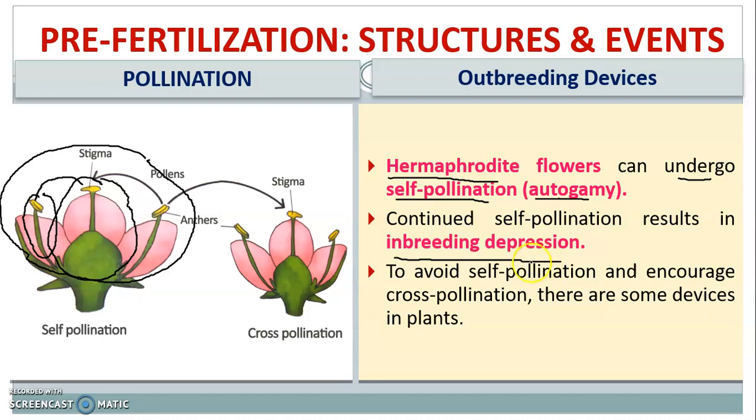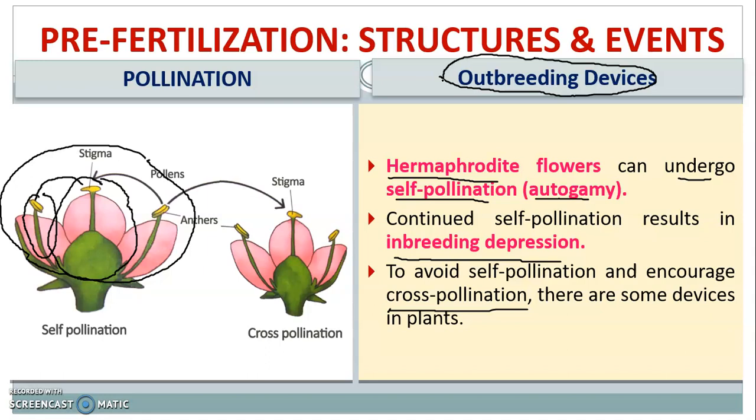To avoid this depression, this degradation, most flowers encourage cross-pollination. This cross-pollination is also known as an outbreeding device. So cross-pollination and outbreeding device are the same thing.